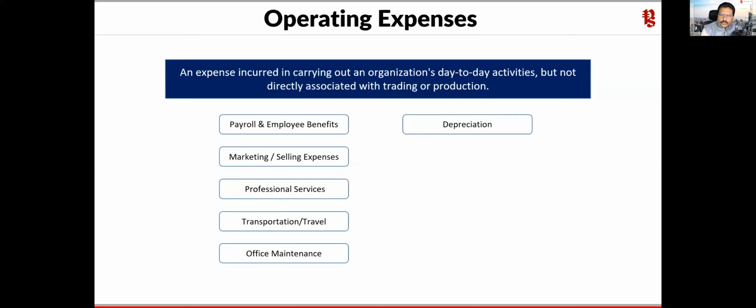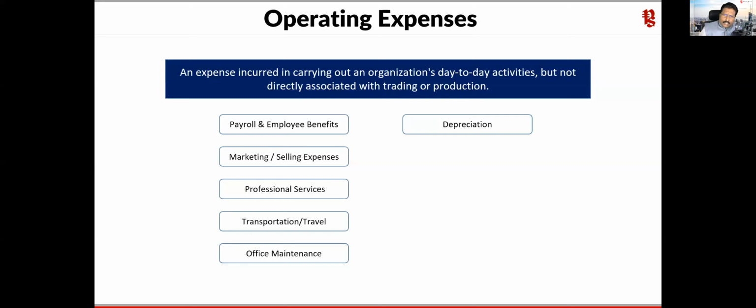So you are not making any payment. The income tax has given you a table where a percentage of depreciation that you can claim for each type of asset has been specified. So according to that, you can claim your depreciation on those blocks of assets.